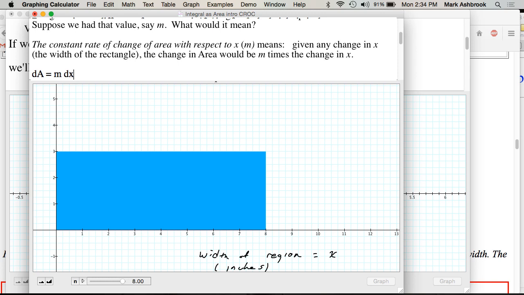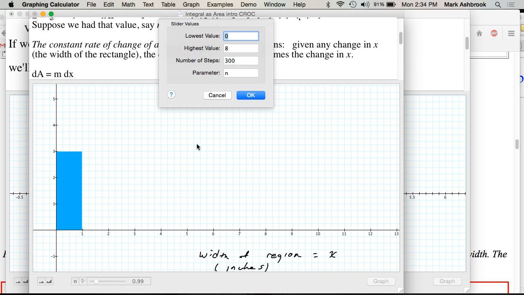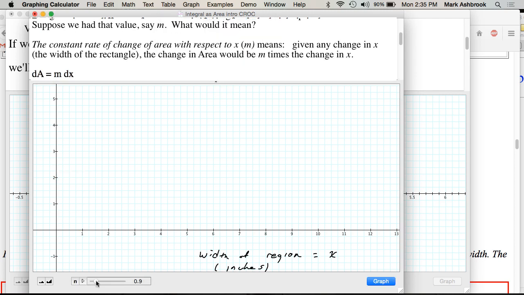So we're going to use that and make a table. So for instance here, we'll let x be 1.